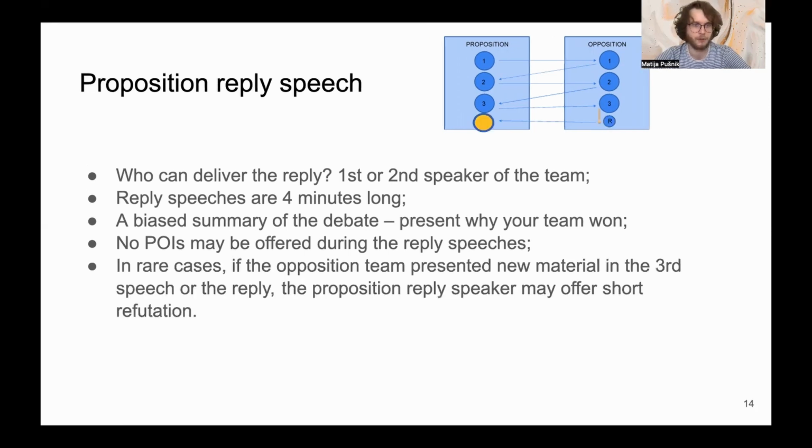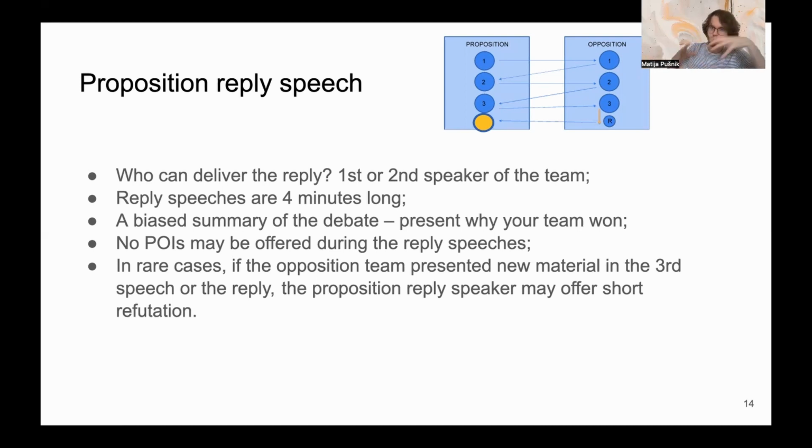The same goes for proposition, with one difference. If opposition in the third speech or the reply speech brought on new arguments, and that's very rare, you cannot answer them obviously before, right? Because they came so late. So you have the right to make a response, even though generally you should be just having a summary of the debate, because this is the important part.